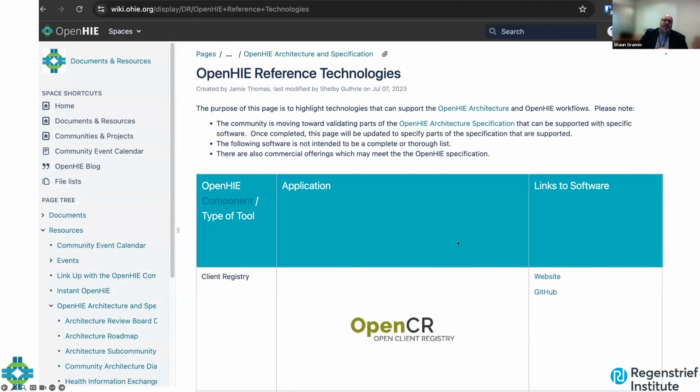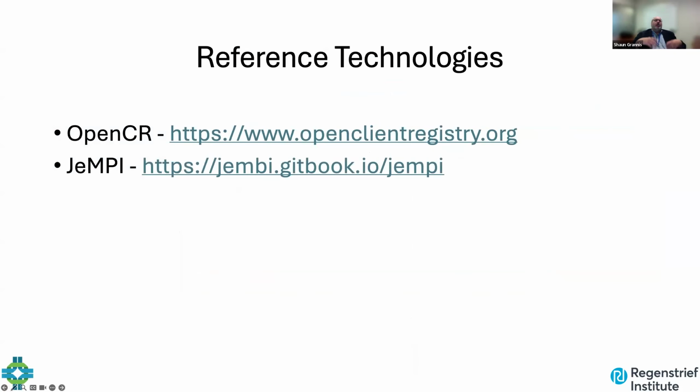We also have reference technologies listed within OpenHIE, and this doesn't have a nice upfront URL, but you have the URL right here if you'd like to scroll through more of these. This is just a screenshot. I can tell you that there are more than just 2 reference technologies for the client registry, but we have seen some good work being done by the OpenCR community and the GemPI community.